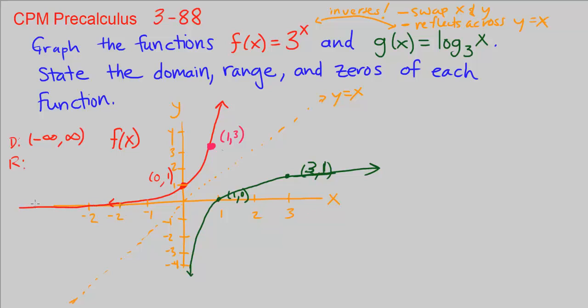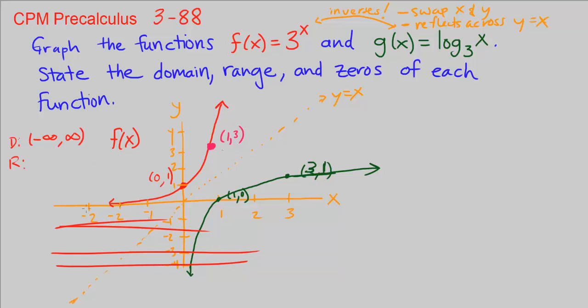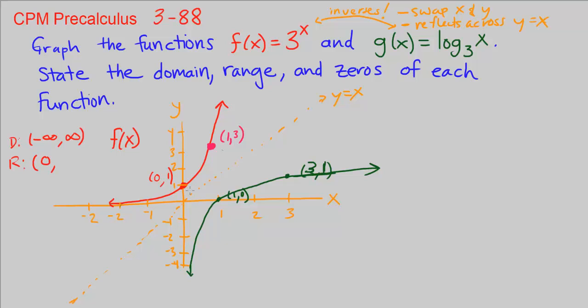Eventually you're going to think that it touches it, but it never does. The x-axis is like a horizontal asymptote because our graph f of x never crosses it. So anyway, the range then is no, no, no, no, no until we get right above the x-axis, which is 0 in the y direction. So it starts at 0 but excludes 0 and goes all the way up, because yes, yes, yes, all the way up to infinity.